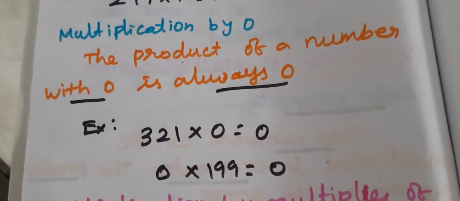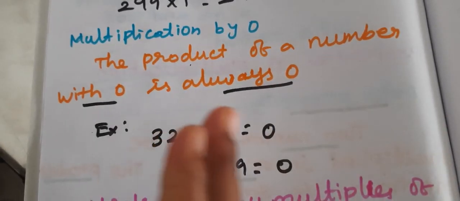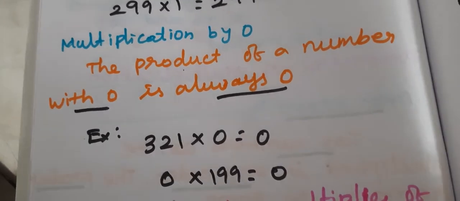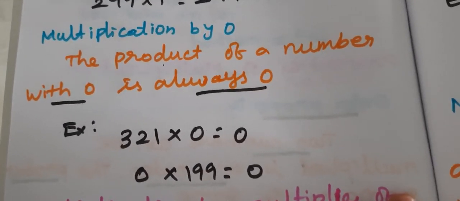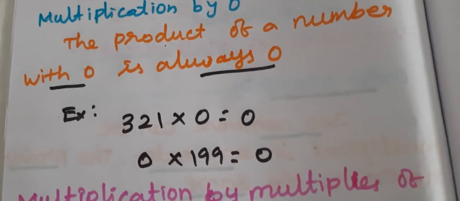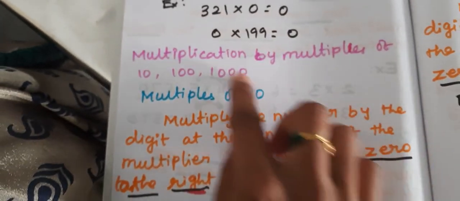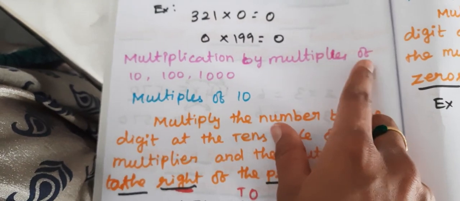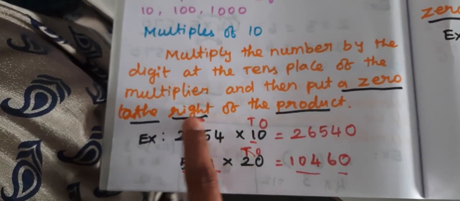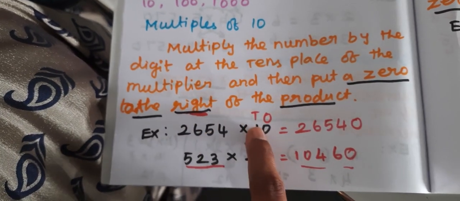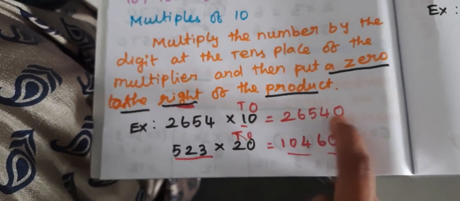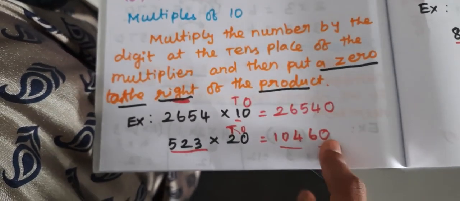Most of these properties are the same in the properties of addition also. So we call multiplication repeated addition, that you know very well. Next is multiplication by multiples of 10, 100, 1000. Here you multiply the number with the tens digit of the multiplier, and at the end put 1 zero to the right of the product.